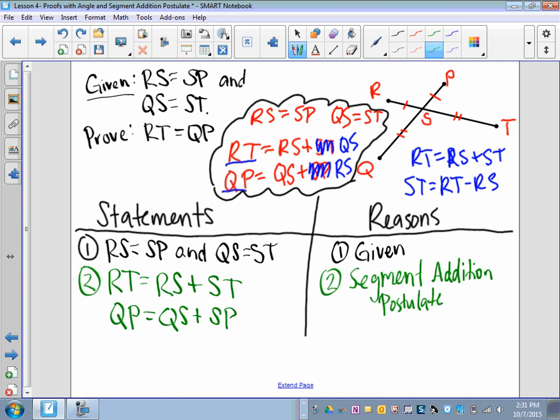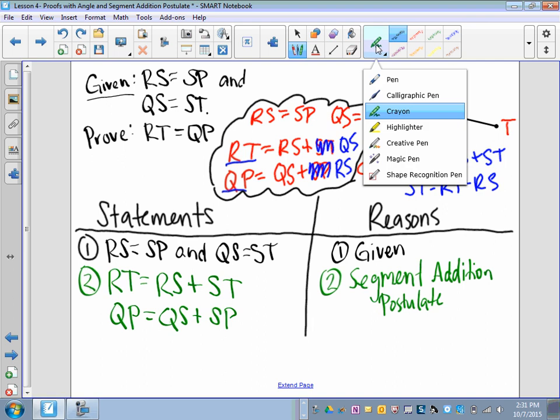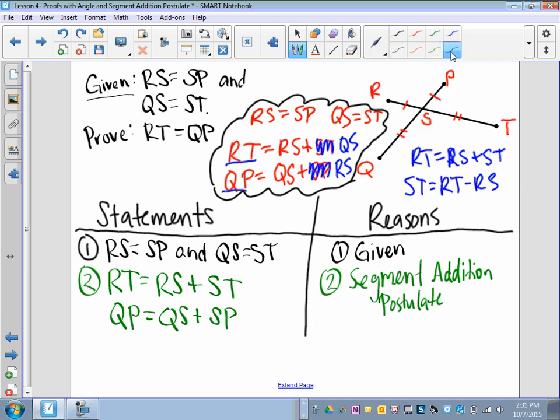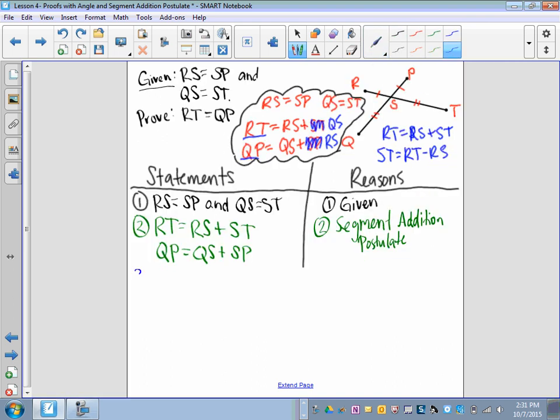Okay, and then we start doing some substituting, right? We want to get my RT equation to be the same as my QP. And you might substitute different values than I do, just as long as they're the same as you. So the measure of segment RT, I'm going to go ahead and do what I did in my brainstorming: the measure of segment RS plus, instead of ST, I'm going to use QS.